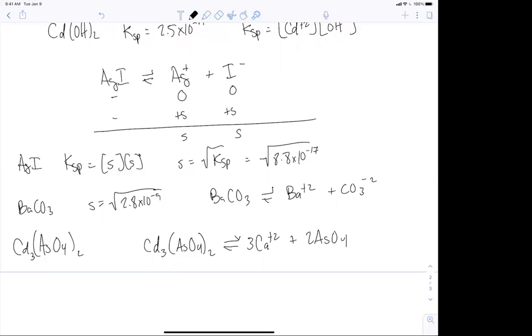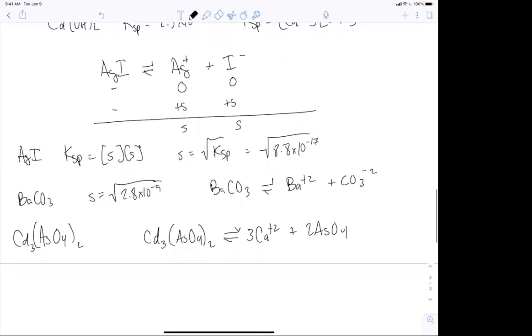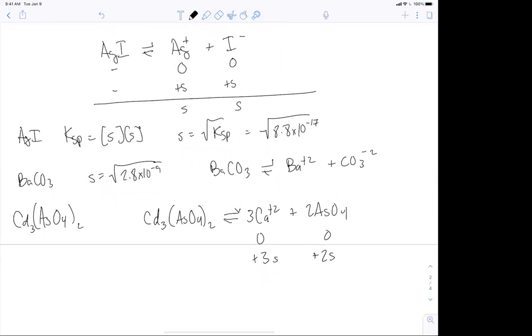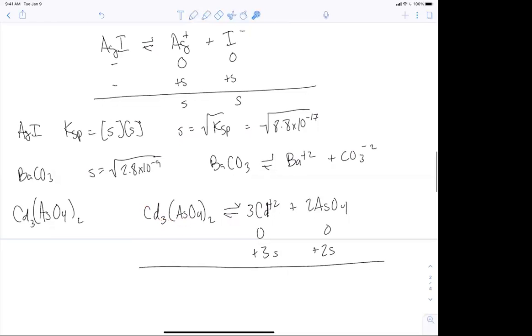That's going to change not only how we express their relationship through the stoichiometry, it's also going to change their expression in KSP. S is what we're ultimately solving for. But if we see 3 millimoles of cadmium in solution, then we know that 1 millimole of cadmium arsenate dissolved. That's the relationship there.